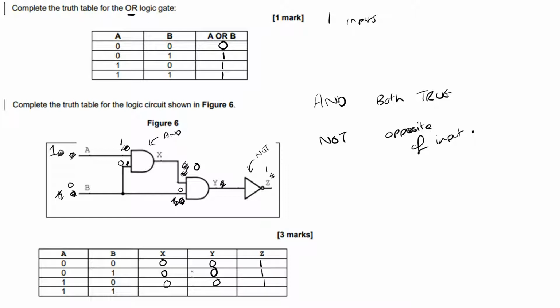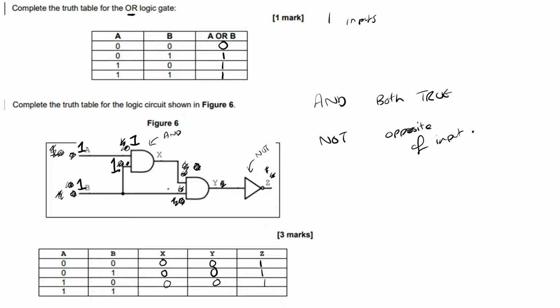So they've all been the same so far. It's getting a little bit messy. This is why in the exam you'd probably have a pencil and a rubber to help you with this so it doesn't get too messy. So we've got here A and B are both on this time. So now we're sending power up here and power here.